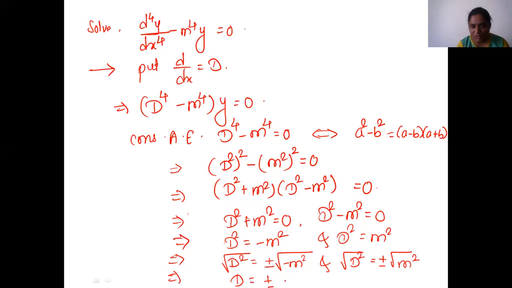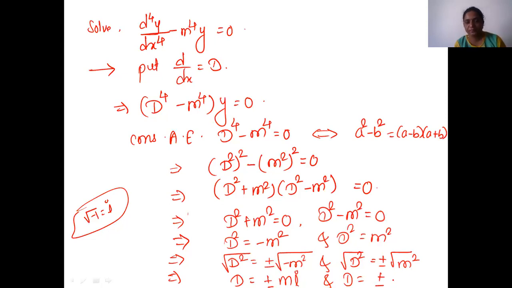Square root m square is m. And then square root minus 1 is i. Right? So it is plus minus mi. And here D is equal to plus minus, what is this? m.